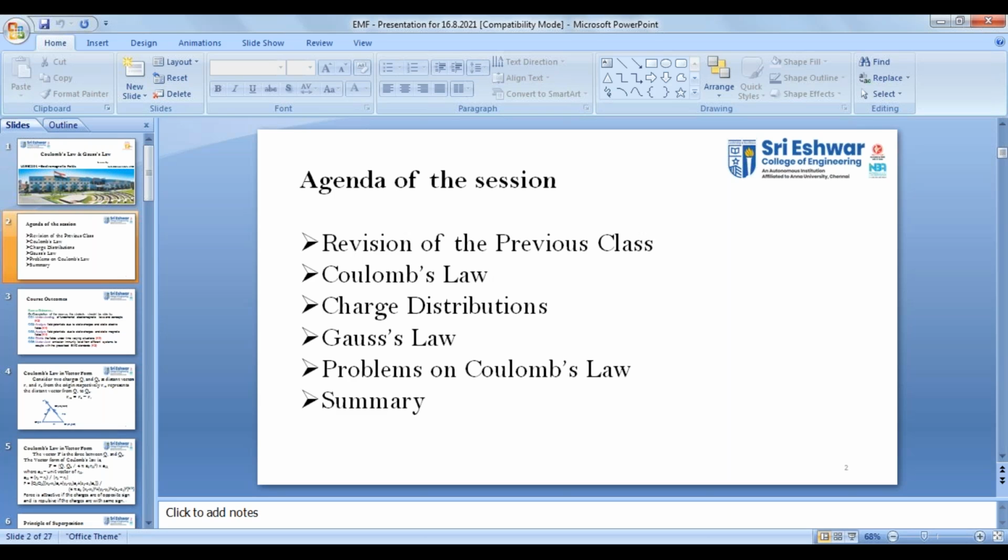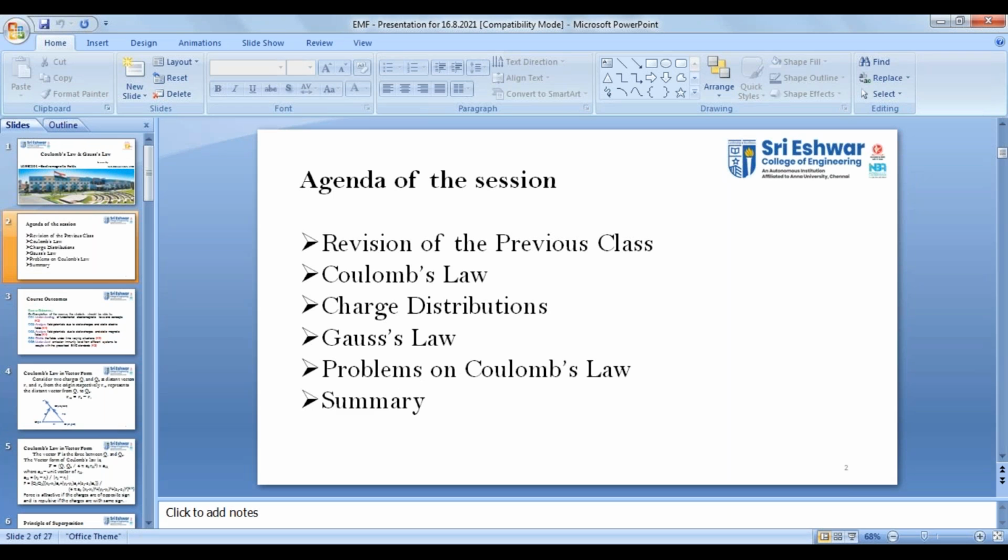We will see some new terms there, like volume charge density for volume charge distributions and surface charge density for surface charge distributions. Those new terms we will introduce, and we will see some small definitions.